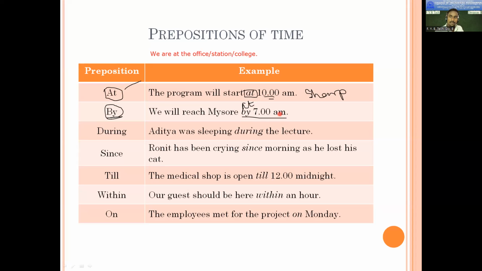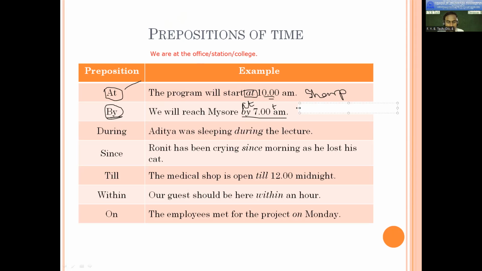That is approximate, not sharp time. By 7 means near to 7. It may be 7, less than 7, or more than 7. In that case you can use "by 7", and if it is sharp, you can use "at".